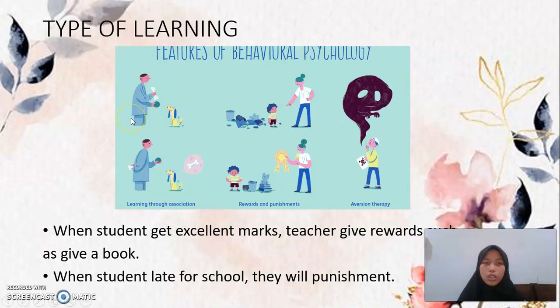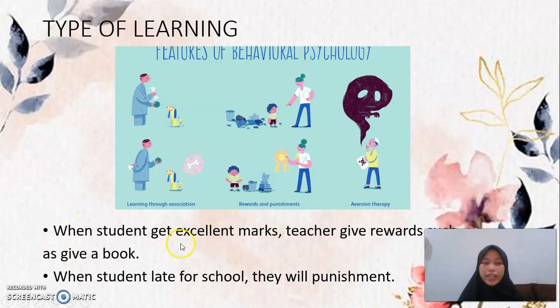Next is learning through association. We can see that a man holds a ball, so the dog will think that if the dog plays with the ball, the man will give the dog a bone. The next example is for rewards.